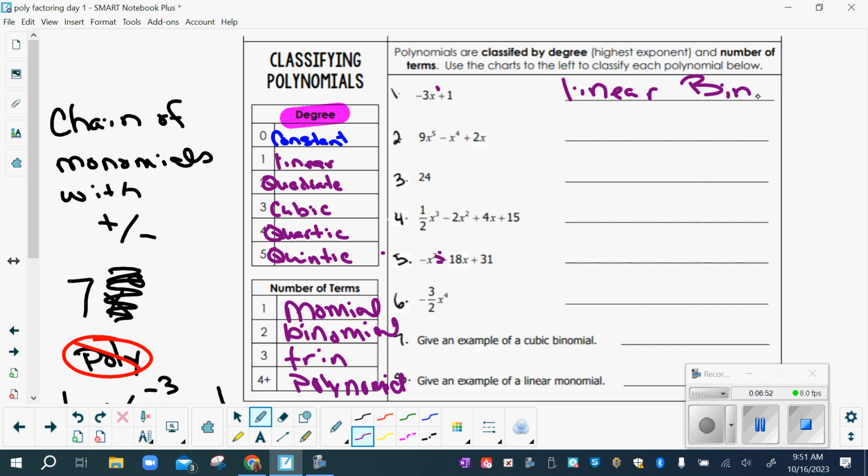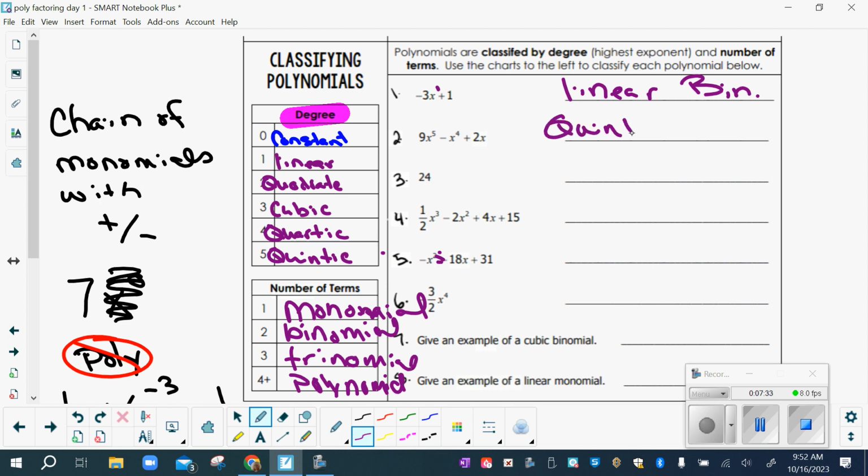It would be a quintic trinomial. Very nice. Constant monomial. Nice. Monomial, binomial, trinomial, polynomial. That's what you would do.